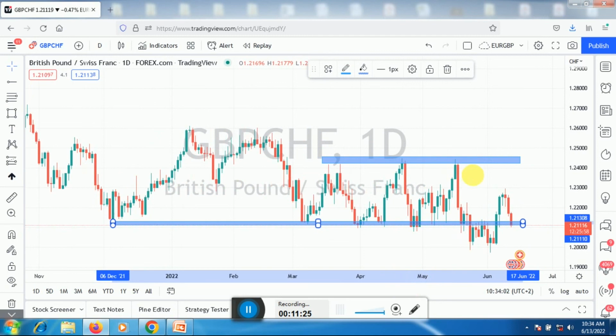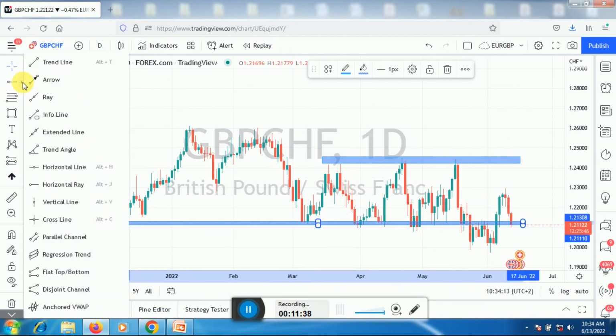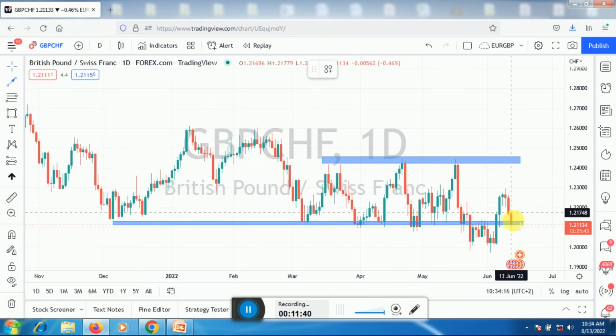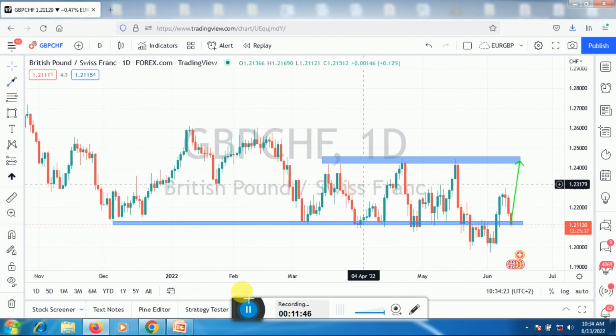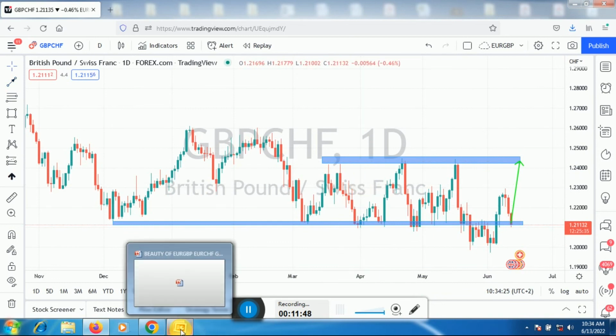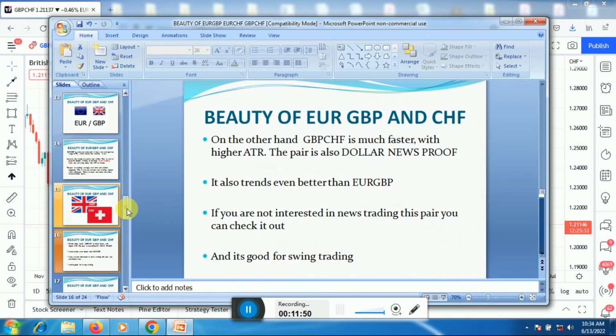So as you can see right now, it's actually trading at this very same support level. So maybe it could actually bounce at this support level again, maybe try to move higher from here and back to this zone that was right here. So GBPCHF is definitely a pair for you that is actually dollar proof as well.